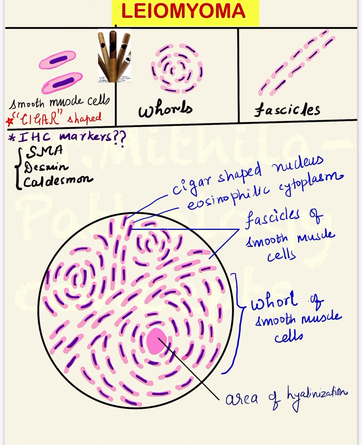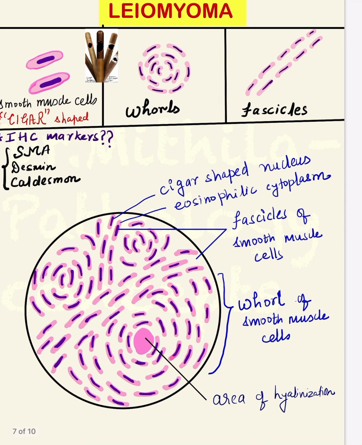So here you can make the pink eosinophilic smooth area of hyalinization, and you can add it in the microscopic diagram. And one more important point, the immunohistochemical markers for smooth muscle cells are smooth muscle actin, then desmin, caldesmon. Can come in MCQ, can be asked in Viva.